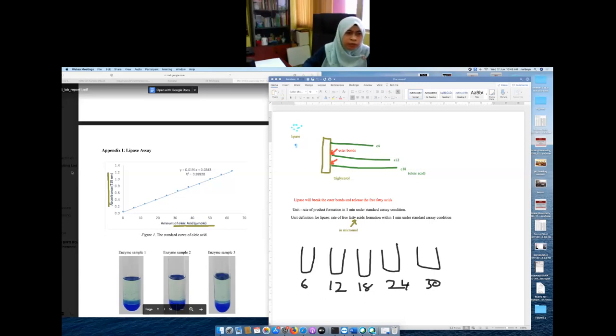Here we use oleic acid in different amounts, in different micromole, mixed with 1 ml isooctane.